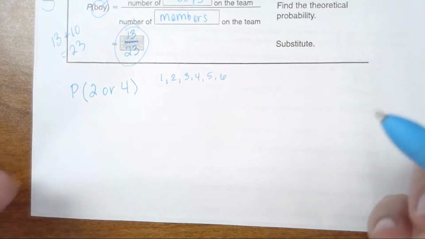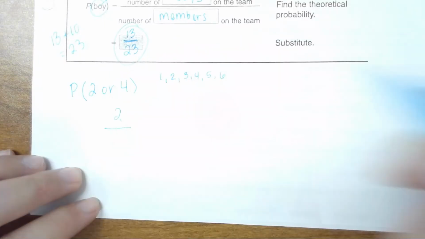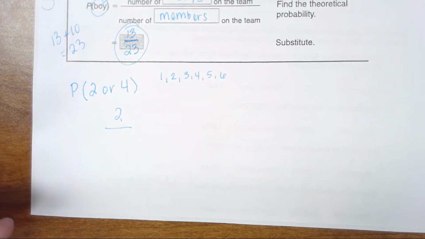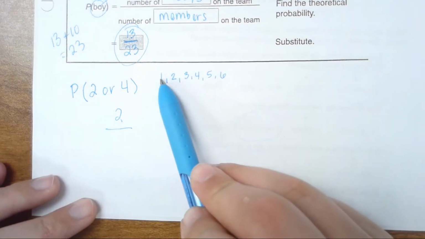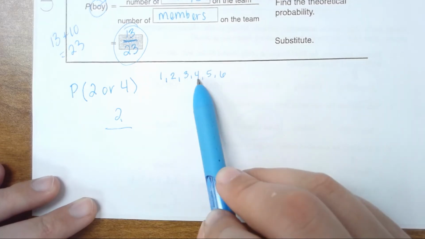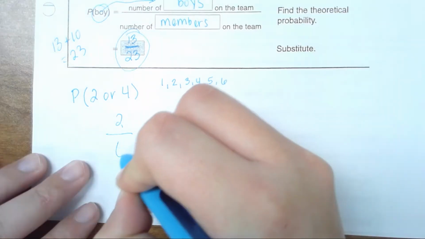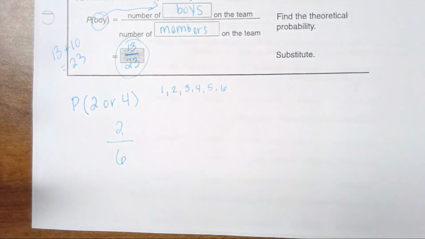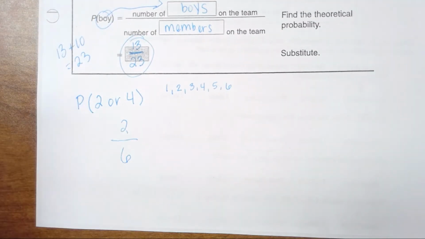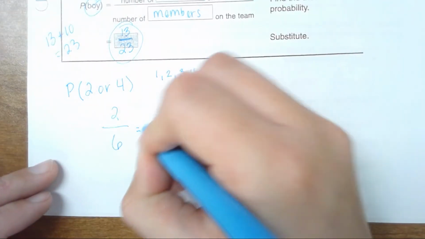And then it's going to be out of how many numbers are on the number cube total. Well, there's 1, 2, 3, 4, 5, and 6. So there's 6 numbers on the number cube. So your probability for getting a 2 or a 4 on a number cube is 2 out of 6. And then if you were to reduce that, it would be 1/3.